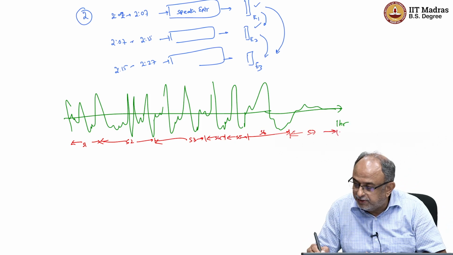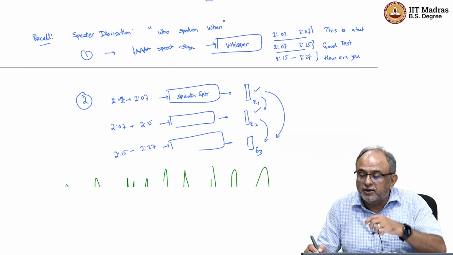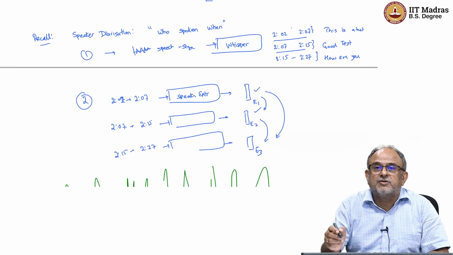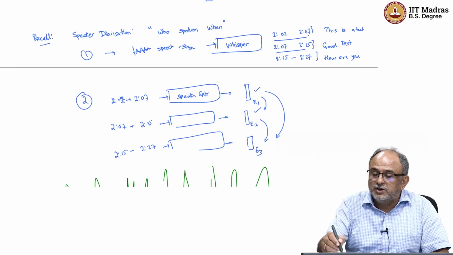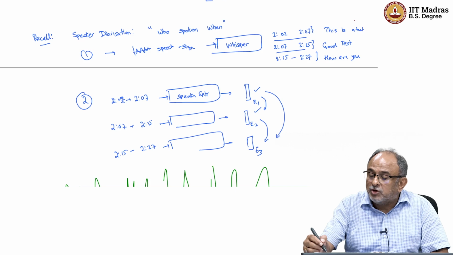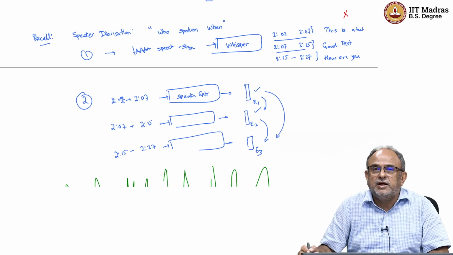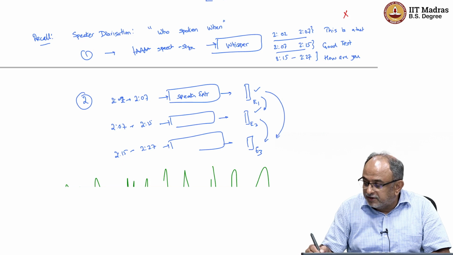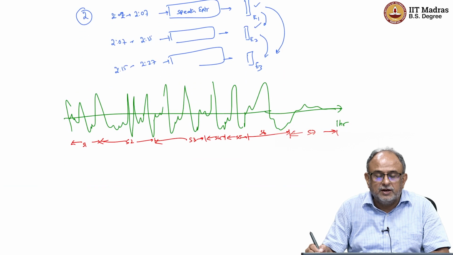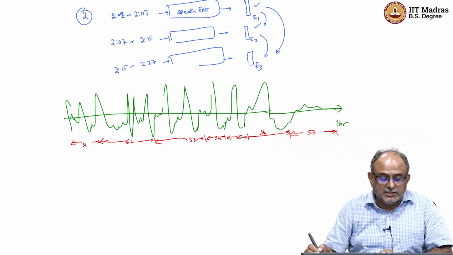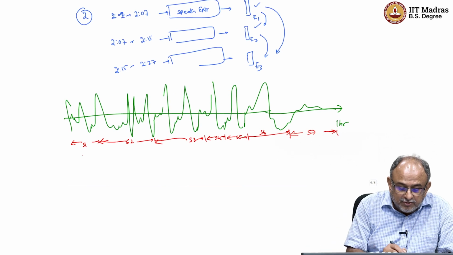Remember, Whisper gives me information that is time stamped. It says these particular words were spoken from this time. I am not going to use the speech to text part of it. I am not interested in that in my particular problem here. All that I am interested in is this. From this I will extract, through my speaker embedding extractor, E1.